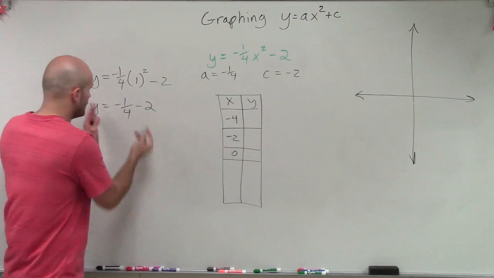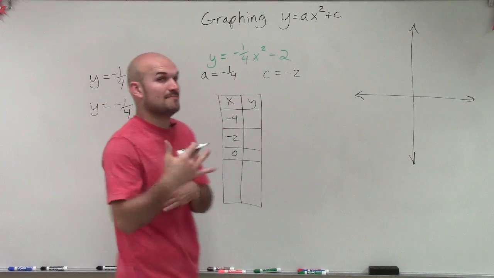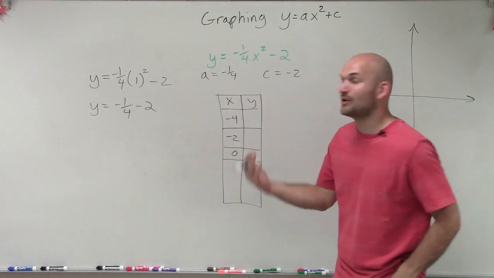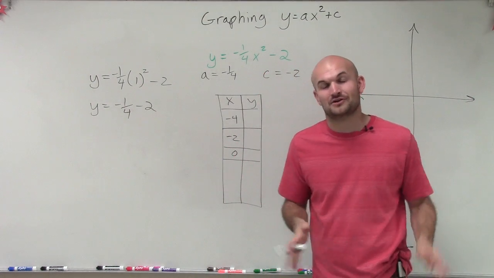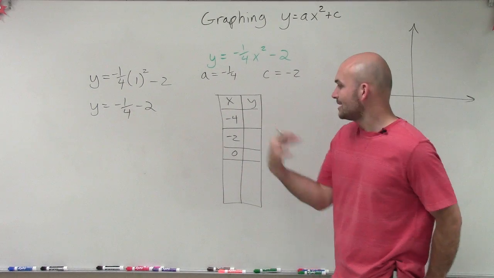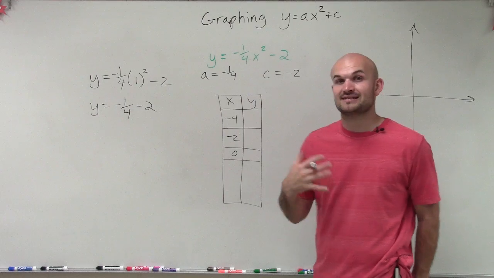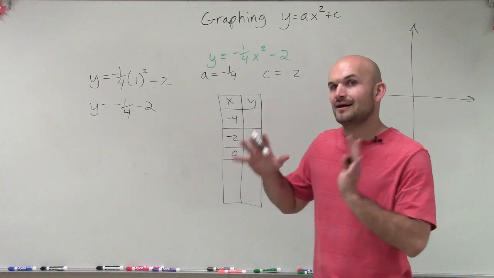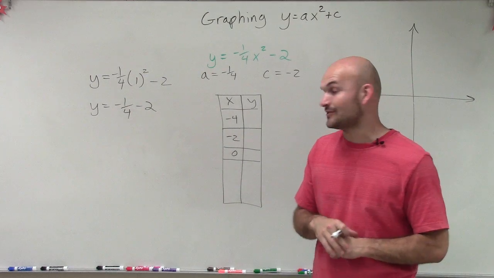Now, if you want to use these values and do the math with fractions on your own, that's awesome. Or if you want to use decimals with a calculator, not recommended, though you're still going to get the same answers. A lot of times I see students making mistakes trying to do fractions or converting to decimals, and it's not always accurate.